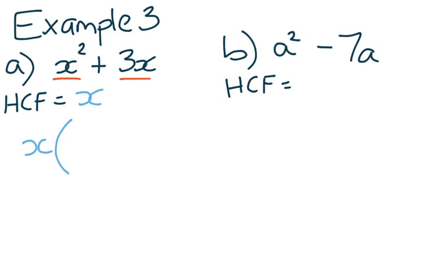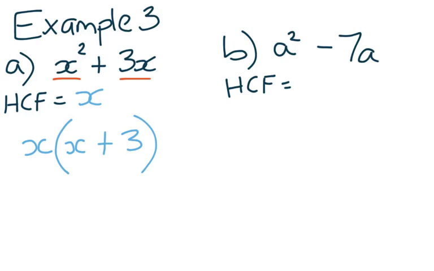And when we did expanding, we had to do x times something to give us x squared. And the only thing that does that is x times by itself. And then if we do x times something, it gives us 3x, we know that it must just be 3. And again, you could do your check if you needed to. x times x gives us x squared, plus x times 3, which is 3x.